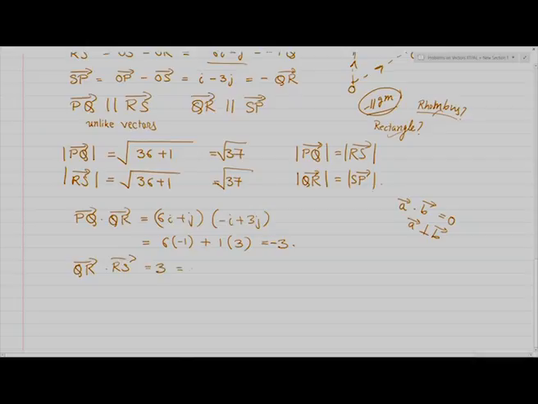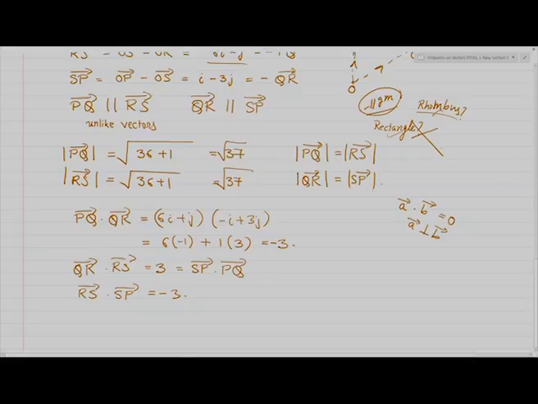Then this also should be equal to SP bar dot PQ bar, and then only one thing is remaining, which is RS bar dot SP bar, which is equal to minus 3. Okay. So, you can notice some common thing that is going on. First of all, they are not perpendicular to each other. So, this cannot be a rectangle, that possibility is eliminated. Okay.